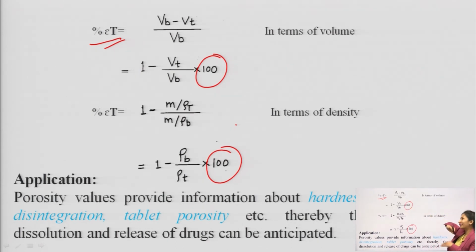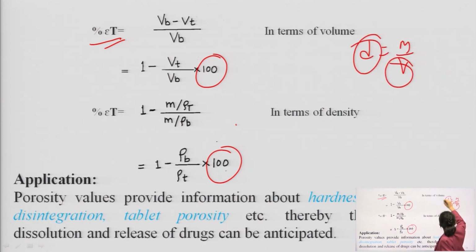If we rewrite this equation in terms of density also, then epsilon T equals 1 minus rho B divided by rho T. It is just inverted, because density and volume are inversely related, as density equals mass upon volume. So there is an inverse relation between density and volume.